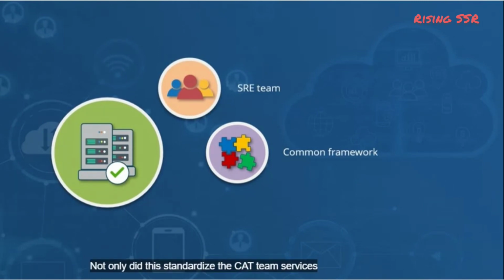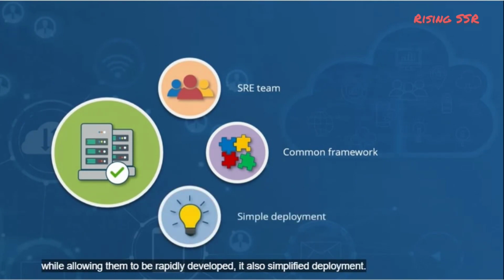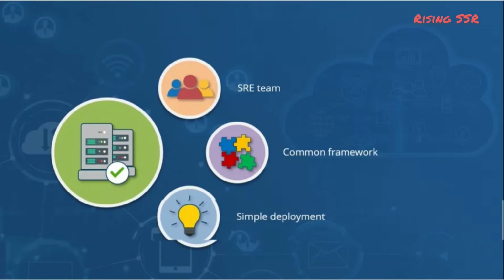Not only did this standardize the CAT team's services while allowing them to be rapidly developed, it also simplified deployment, since there were now far fewer discrepancies among the services deployed, since they were all built on a common framework.